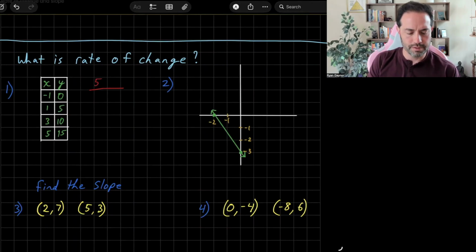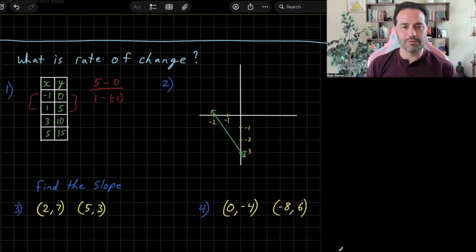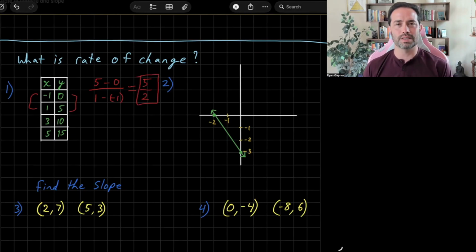So 5 for the y minus 0 for the other y, and then 1 for the x minus -1 for the other x. So we have 5 minus 0, and that is 5, and then 1 minus -1, that means 1 plus 1, so that would be 2. So there's our answer right there.